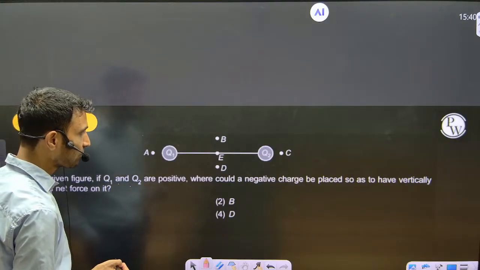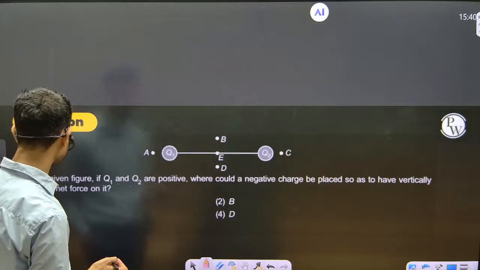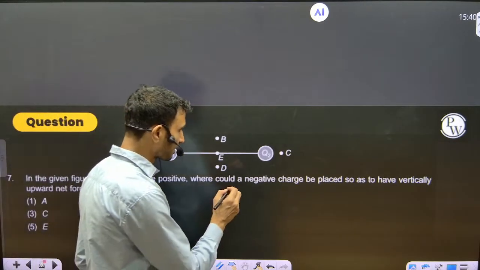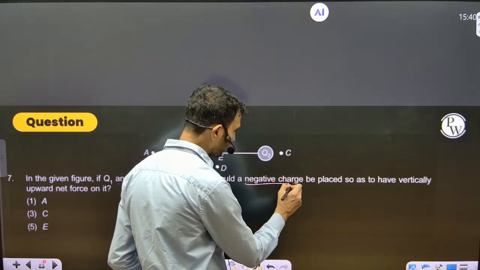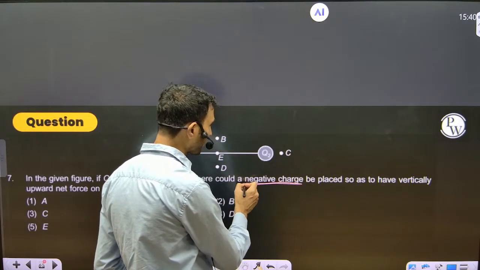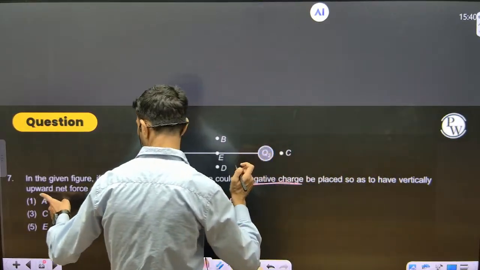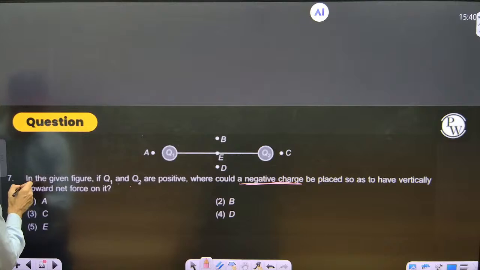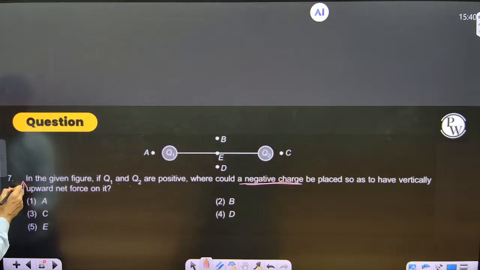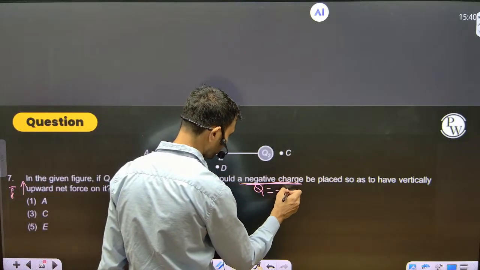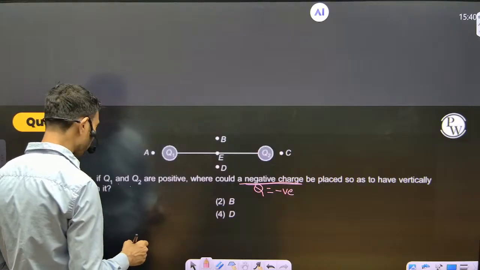Where could a negative charge be placed so as to have a vertically upward net force? See, two things. One is the negative charge. Where could a negative charge be placed so that we have vertically upward force? You want force in the upward direction, but the charge is negative and the force is upward.